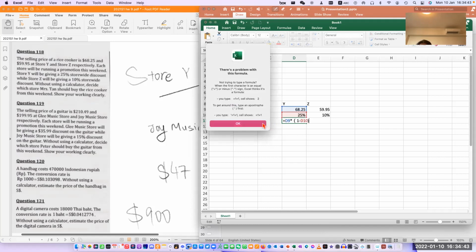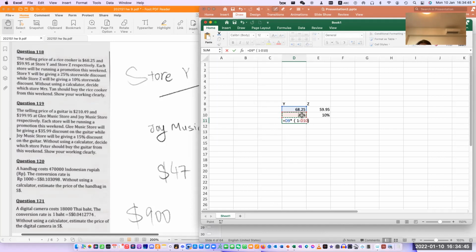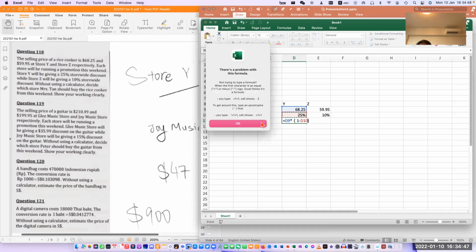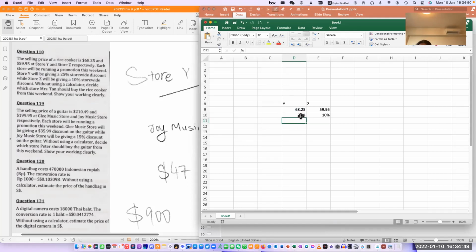So what's happening? Why don't I get the answer? Hold on, there's a problem with this. This is percentage, right? Yes, this is percentage. What's wrong? So times 1 minus. Yeah, good.